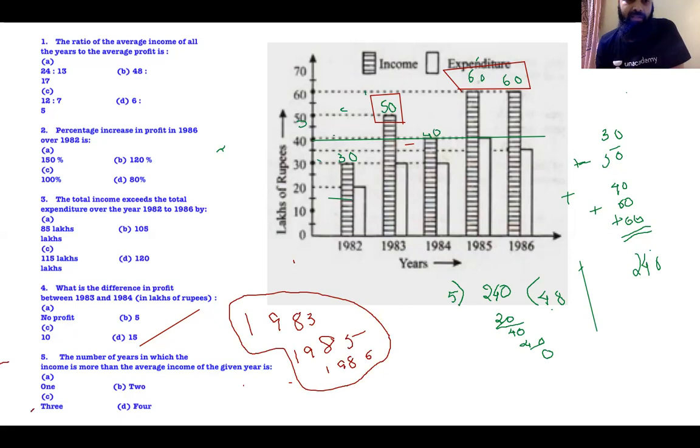So the correct answer is answer option C. So these are the 3 years.